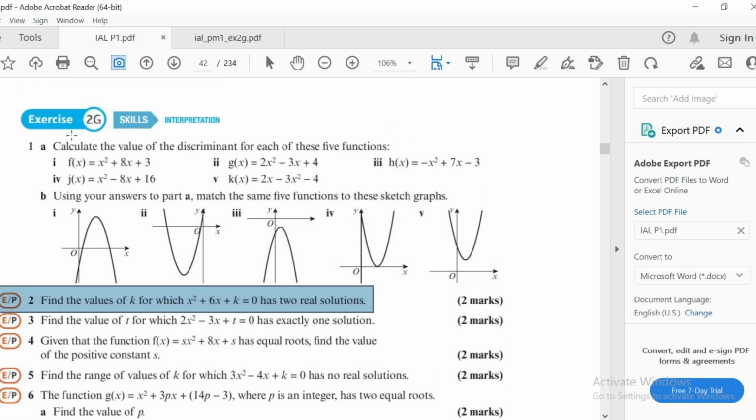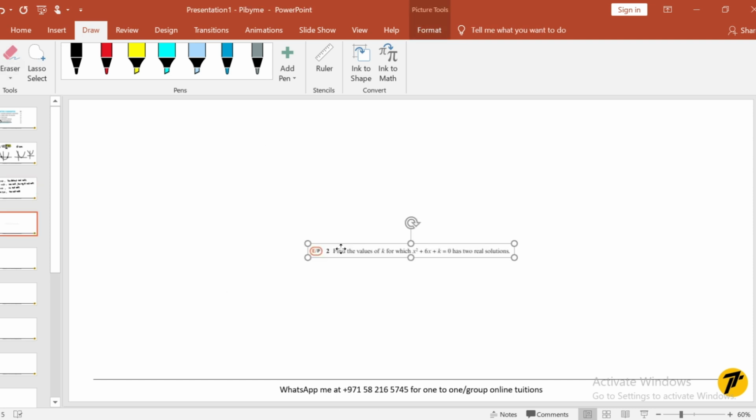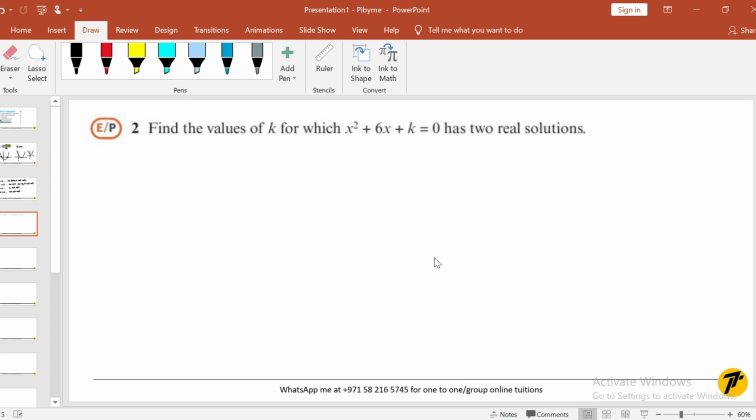I'm taking a question from exercise 2G, question number 2. Read this question carefully. It says, find the values of k for which x squared plus 6x plus k equals 0 has two real solutions.